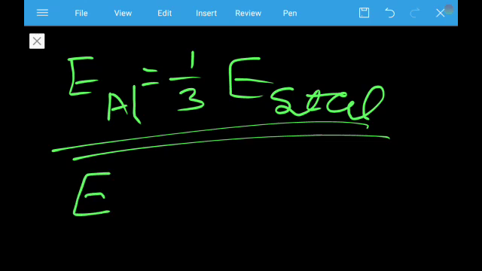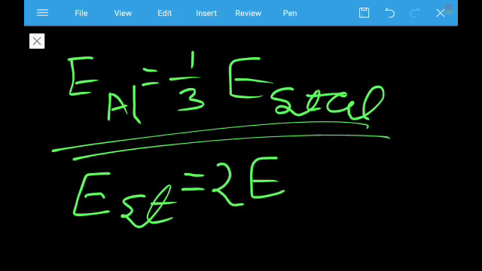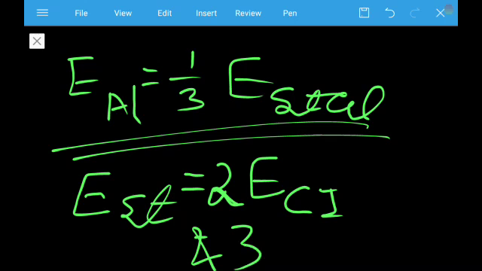That the elasticity of steel is 2 times the elasticity of cast iron and 3 times the elasticity of aluminium.